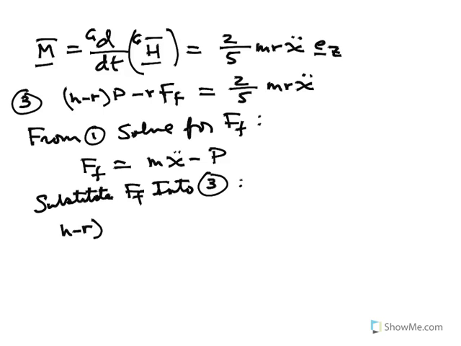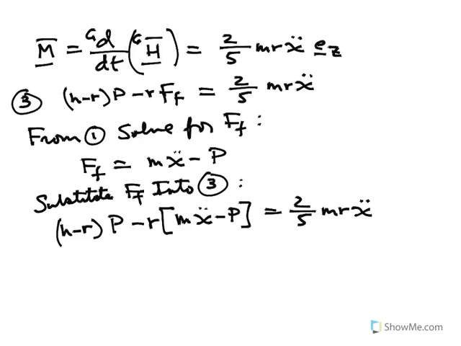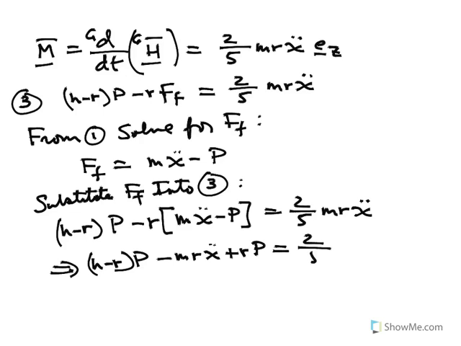What do we get? We get h minus r times p minus r times m x double dot minus p is equal to 2/5 mr x double dot, which gives h minus r times p minus mr x double dot plus r times p equals 2/5 mr x double dot. We can add mr x double dot to both sides.